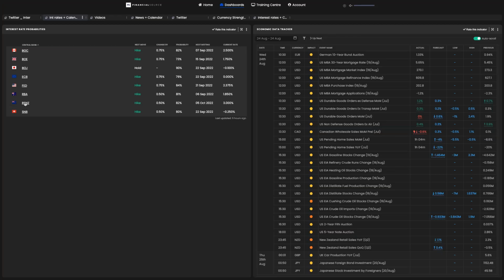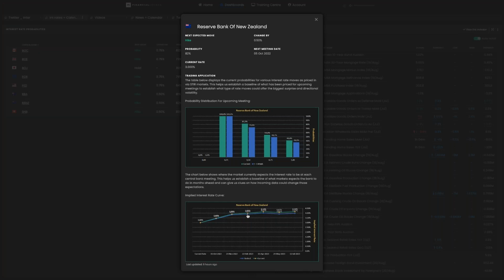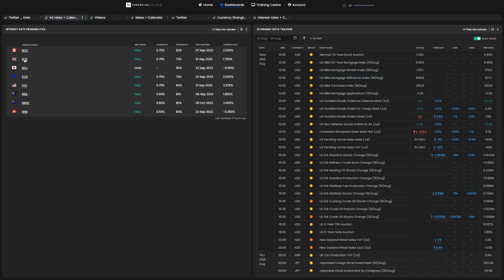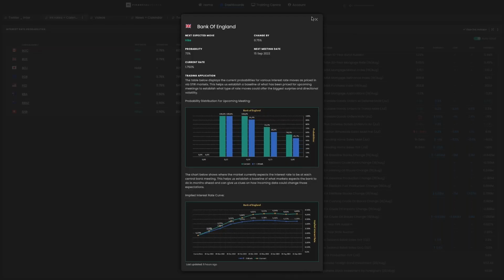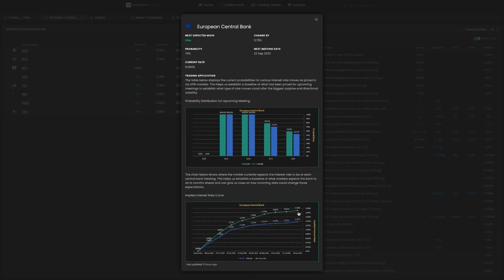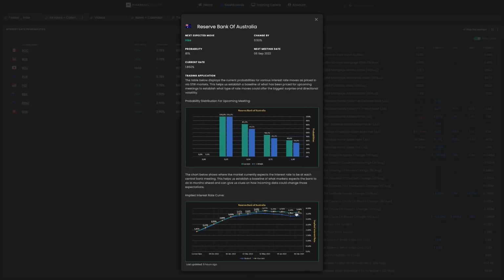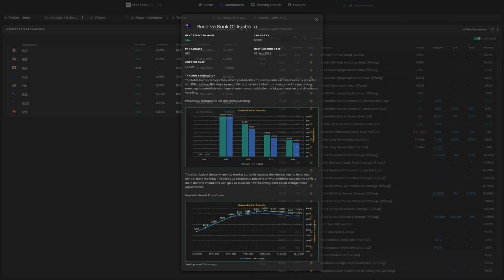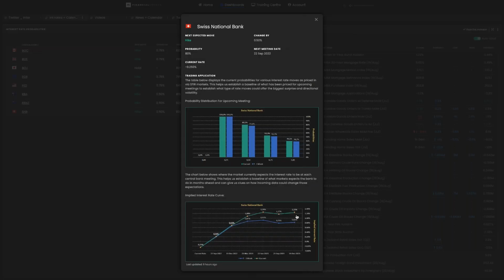the RBNZ here, you can see that they're expecting interest rates to be 4.54% for next year. So they're up 3%, expected to be 4.54, and if you compare that to the BOE, it's expected to be 4.09, ECB expected to be 1.9, RBA expecting it to be 3.68, SNB expecting their rates to be 3.25.